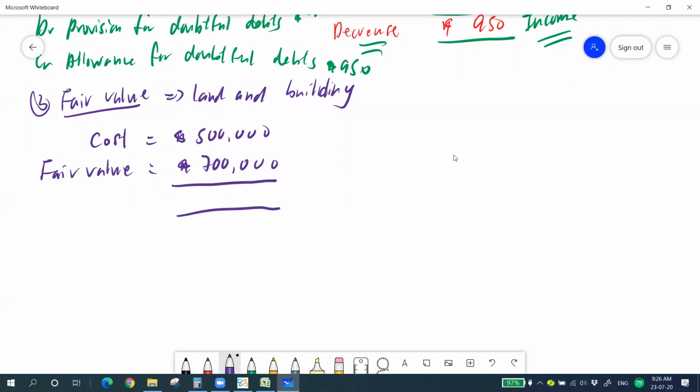So tell me, what is the difference? And is this difference a gain on revaluation or a loss on revaluation? Gain by how much?